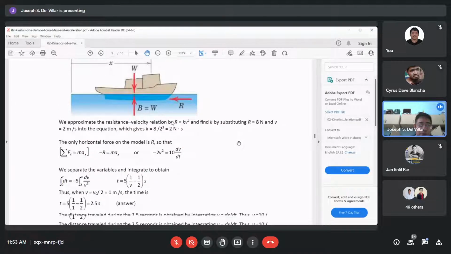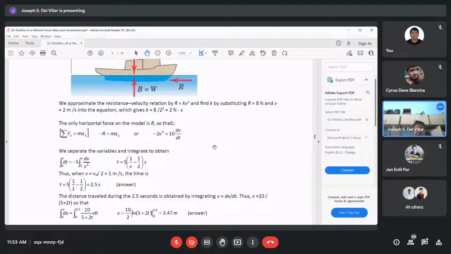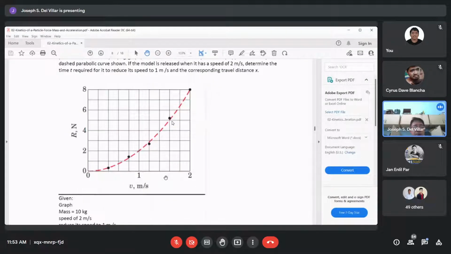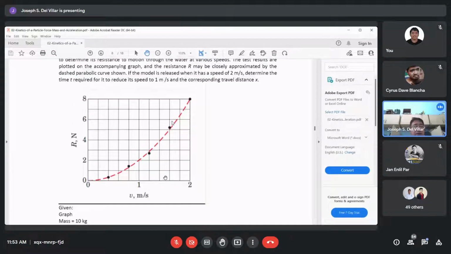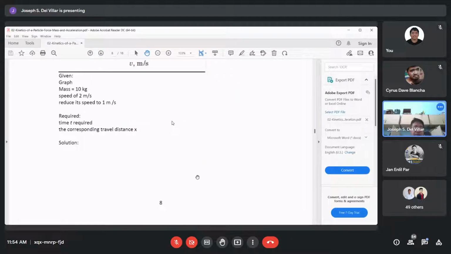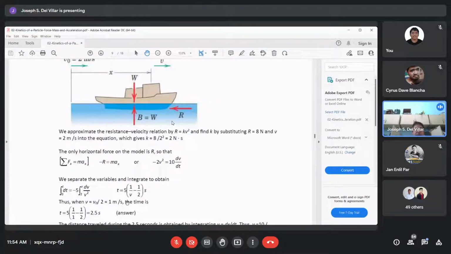So your K is 2 Newton second squared per meter. That is where it was derived. But the resistance versus velocity graph is given; otherwise you really can't get it. But since it is given, K was derived from here, and that was used in R, where R is equal to K V squared. So R is 2 times V squared.